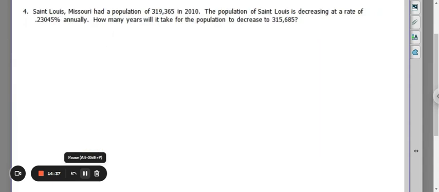All right, decreasing population. Same thing, except this time we're going to subtract our rate. Keep in mind, this decimal is a percent, so we're still going to have to move the decimal two places when we go to write this.